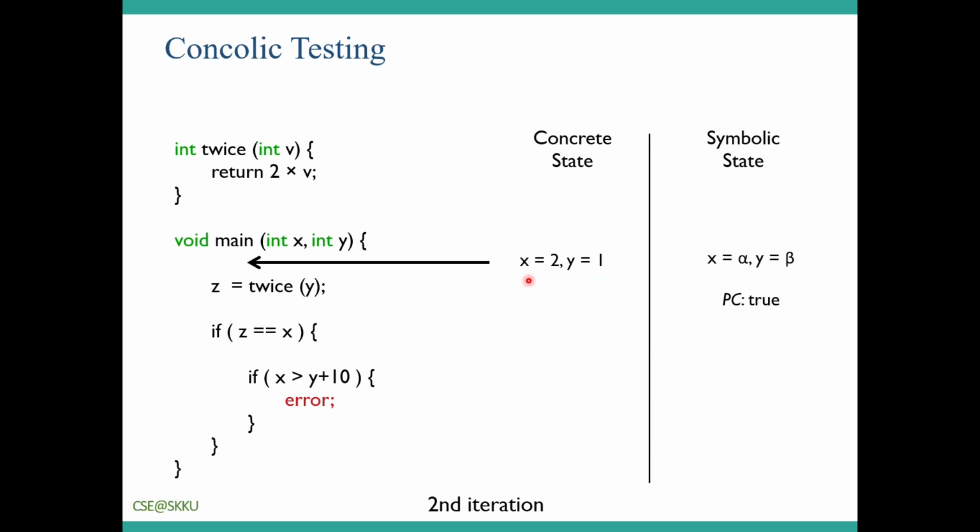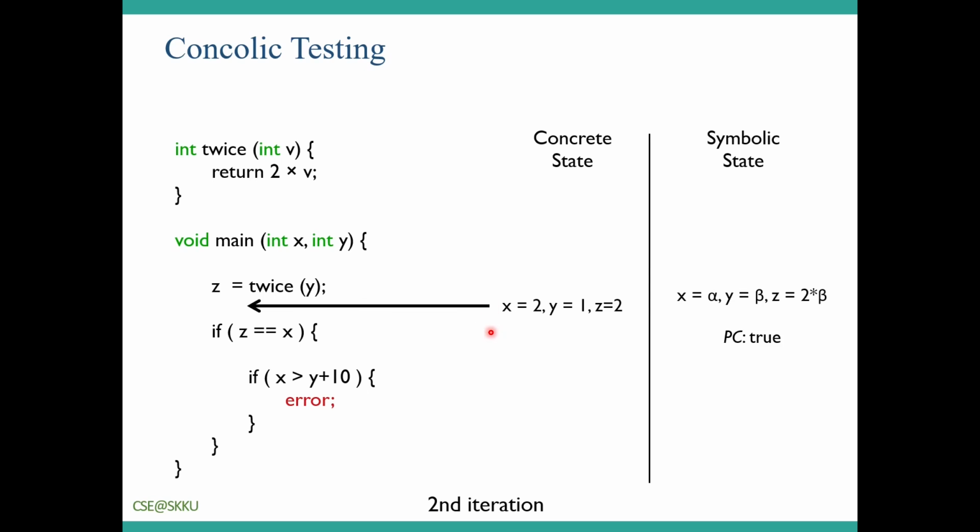For the second program execution, we start with this new input, x is 2 and y is 1, where the symbolic state and the path conditions are initialized again. At the next line, z will be 2 in the concrete state, and z will be 2 times beta in the symbolic state, and the path condition is still true.